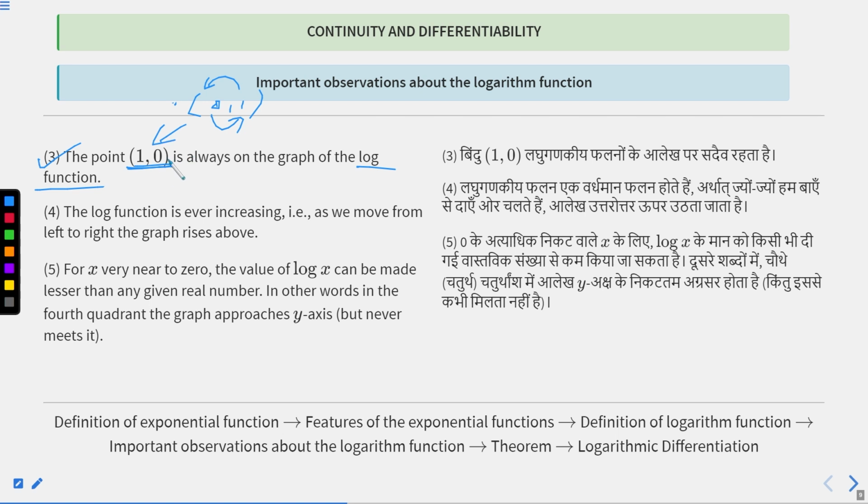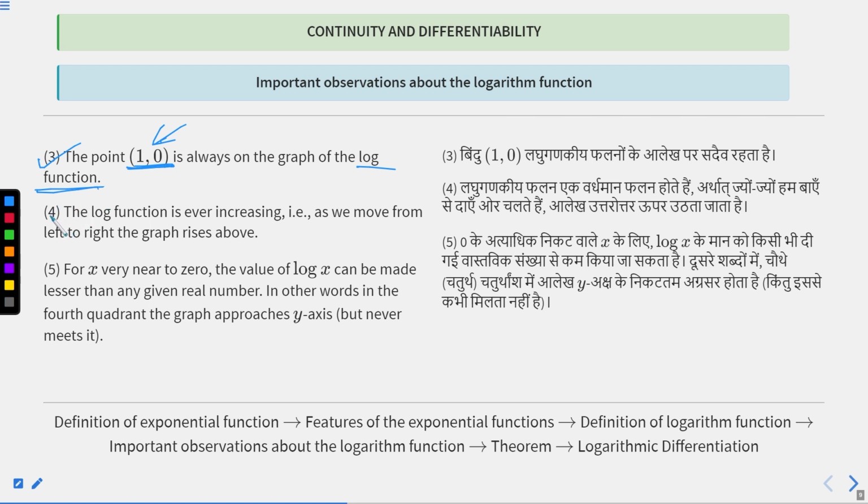That's why I already told you it is actually the inverse of the exponential function. Clear? So you will find this point on the graph of the log function every time.